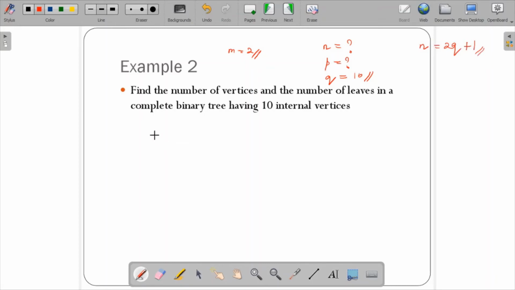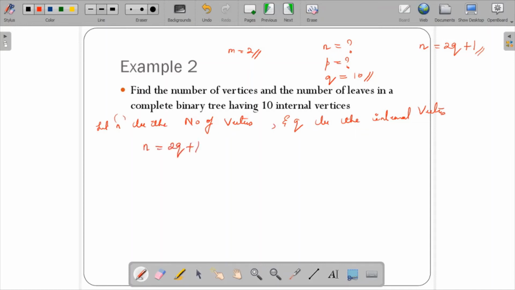So by using that formula, I can just write here: let n be the number of vertices and q be the internal vertices, then n is equal to 2q plus 1.